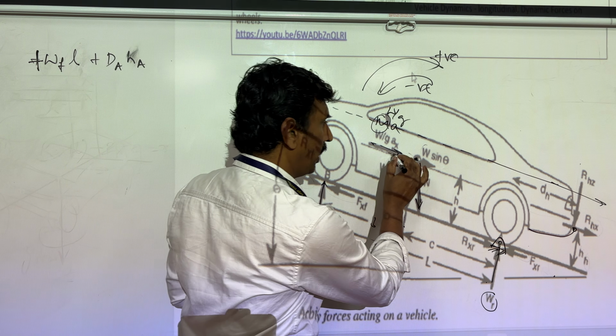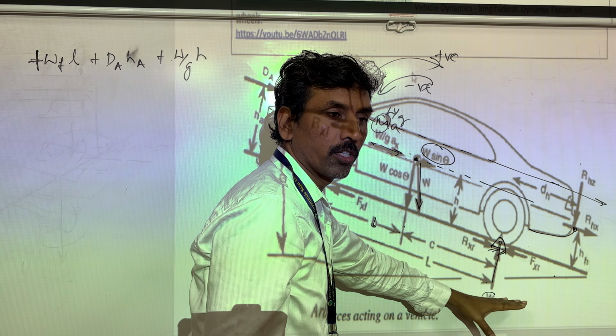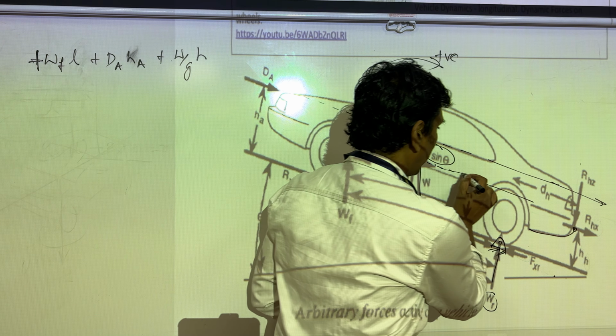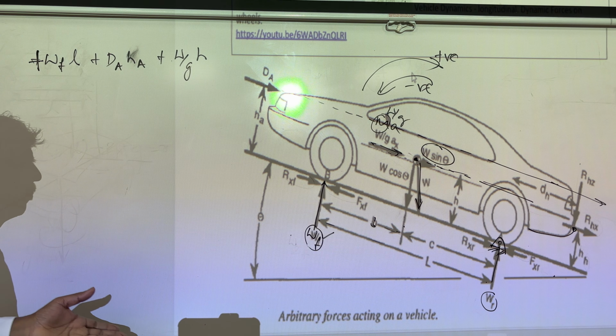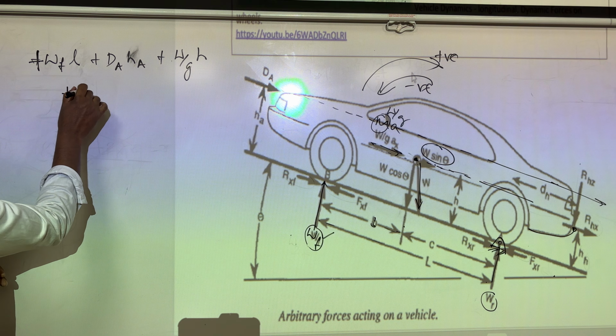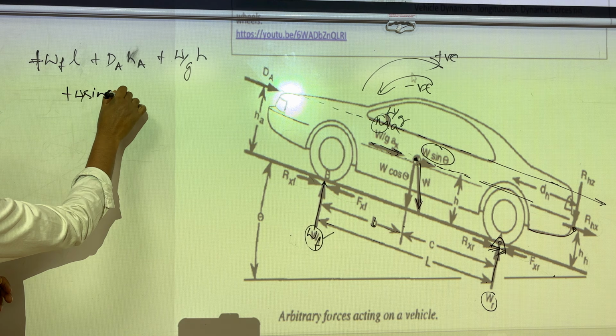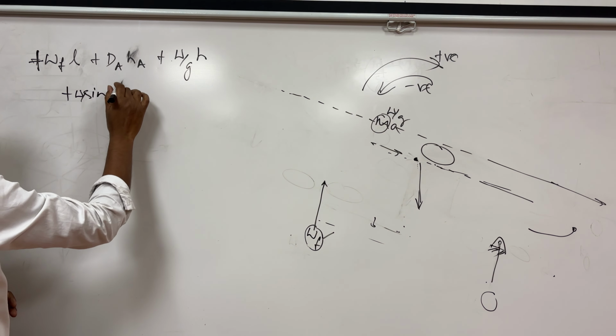And then there is one more force: W sine theta, which is acting backwards due to inclination. This is again acting at the same height H, so it has to be considered as positive or negative? Positive. Plus W sine theta times H.